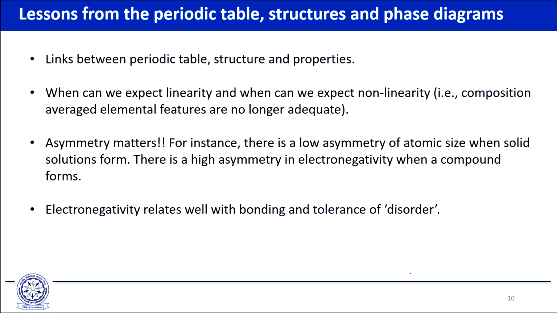So for instance, you will have certain regions in which, as you go across the period, the different elements will have identical crystal structures. Those are places where you can probably have continuous solid solubility, and so the variation of properties need not be that abrupt. I'm of course simplifying things, but you get the gist.